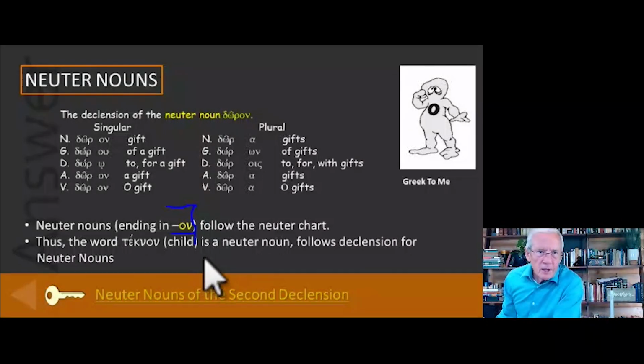Now, you'll notice here that both in the singular as well as the plural, the nominative, the accusative, and the vocative all have the same endings. You'll say, how in the world can I determine what it is?